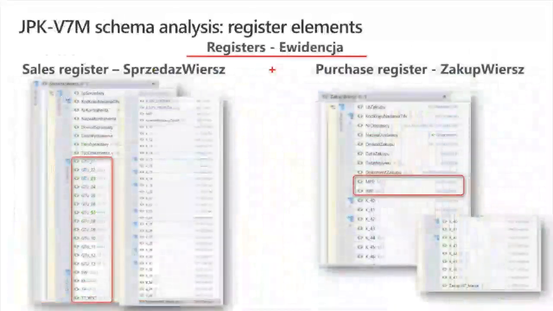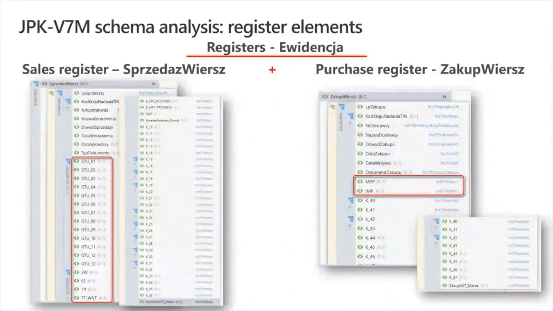And going further into the details, the major innovation introduced in the register part of the JPK VAT is mandatory segregation of transactions by products or services grouping. Additionally, types of transactions must be recognized according to their specific type.